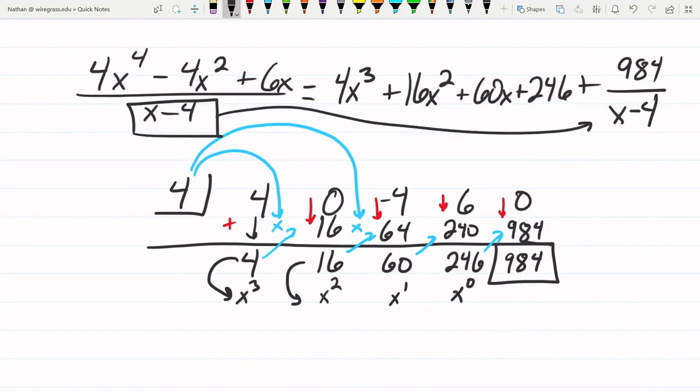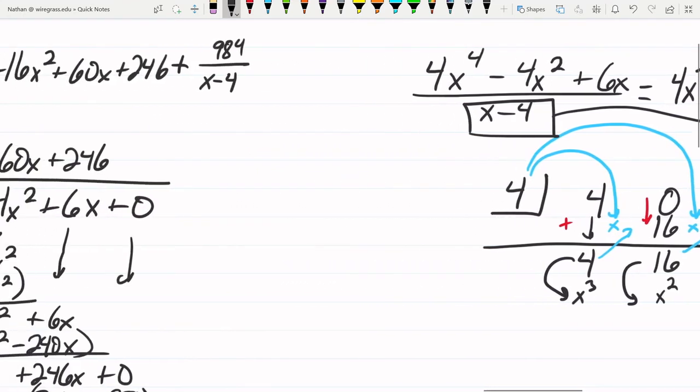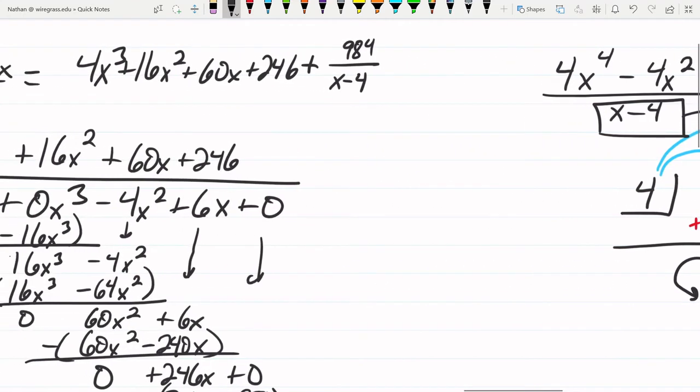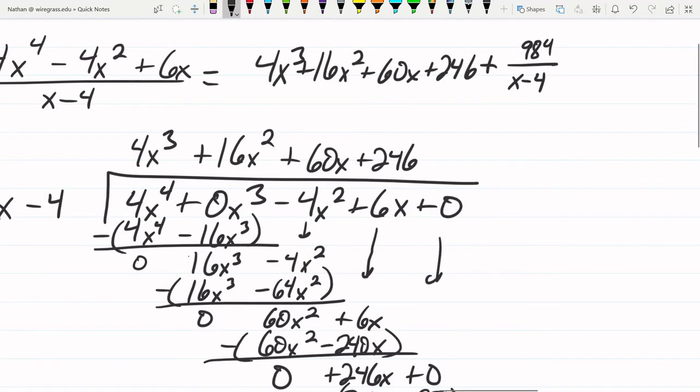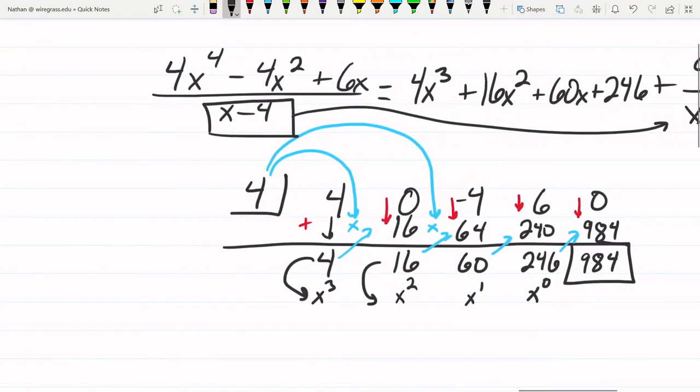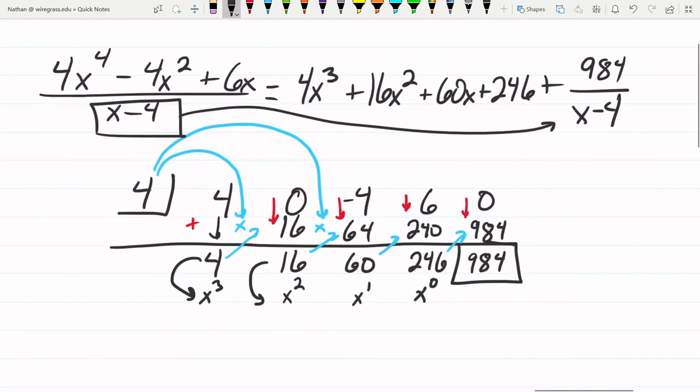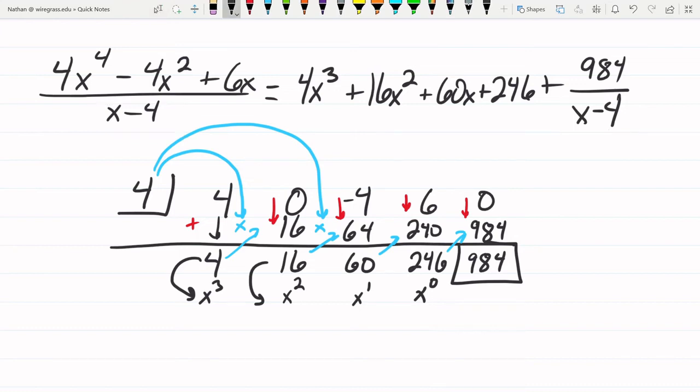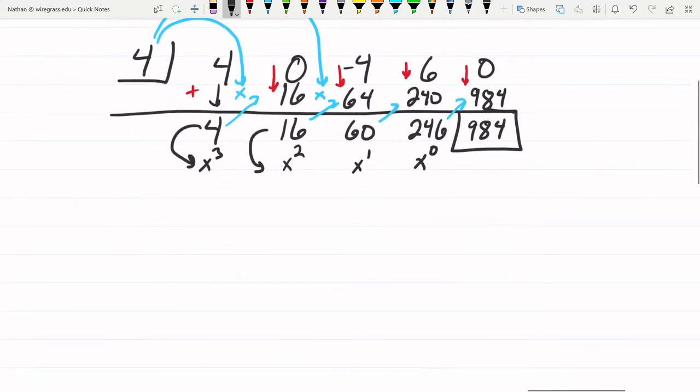And that is the exact same answer that we had here. It's the same answer to both of these problems, but synthetic division is much faster. Also, synthetic division has to have this very special form of the divisor, this x minus 4 here, but in general it's going to be x minus c.